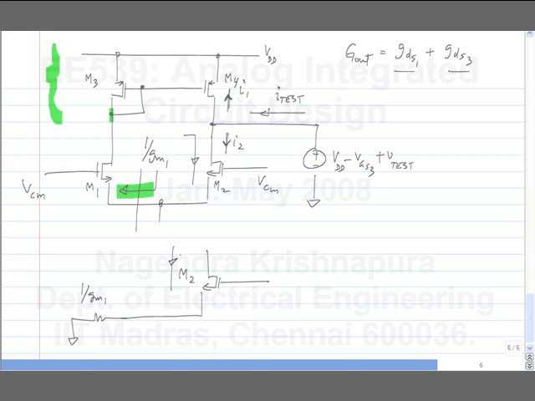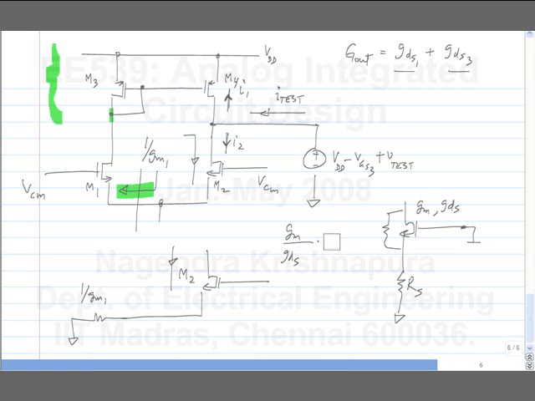So see, the output impedance of the common gate amplifier was, if we had some resistance in the source and some Gm and GDS, you are saying it is Gm divided by GDS times Rs.